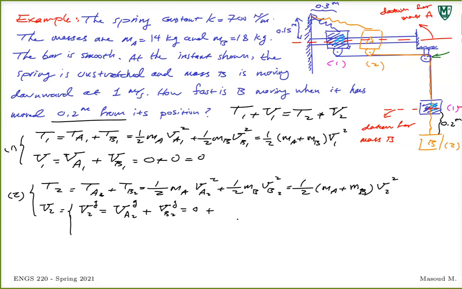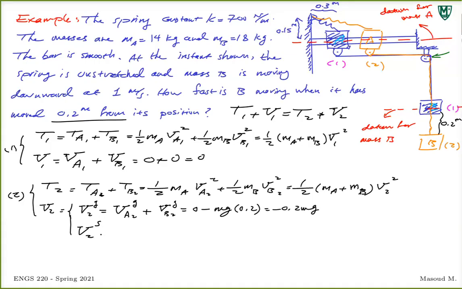A is 0, B is minus mg times 0.2. So the whole thing becomes minus 0.2 mg.